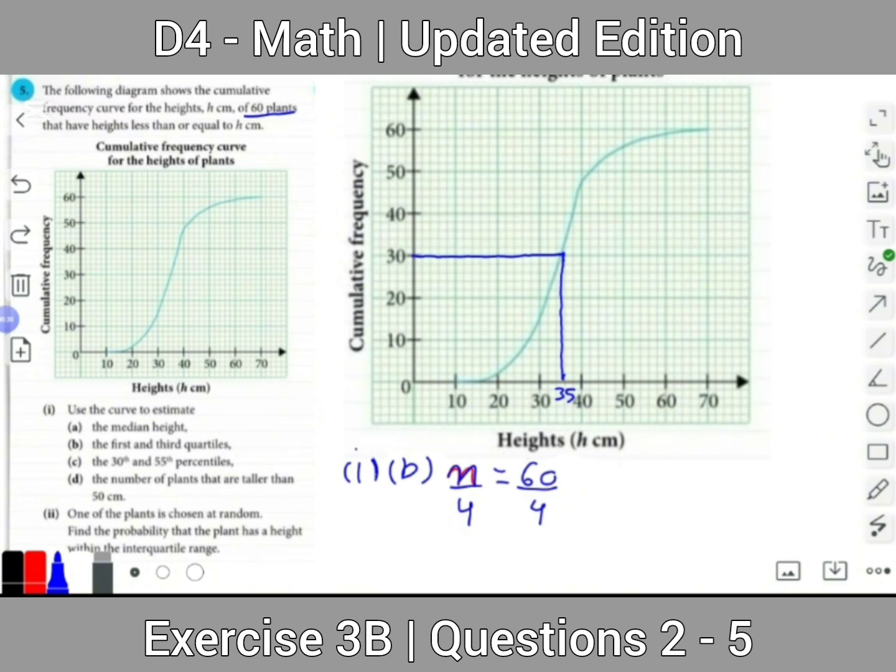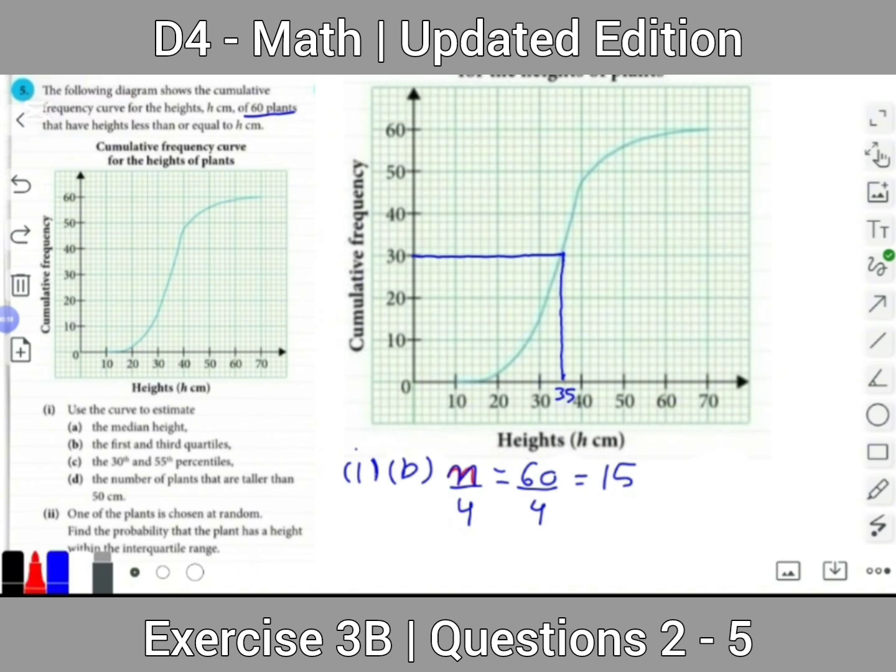So 60 divided by 4 is 15. So now it will be equal to 15. Now to estimate the lower quartile, we will look at the data values corresponding to the cumulative frequency of 15.